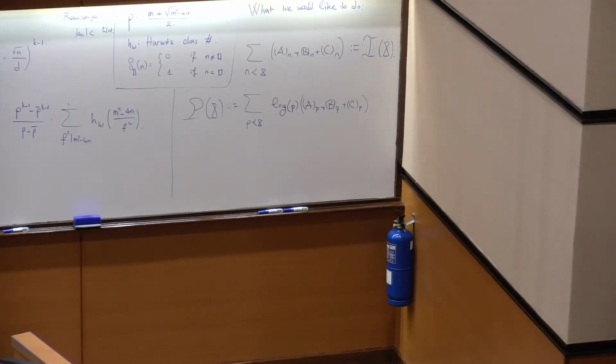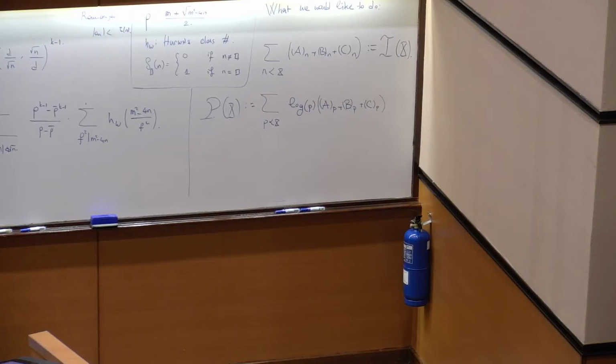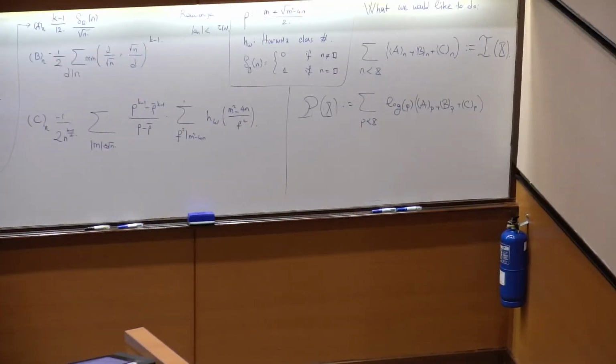Which one was that? Oh, this is holomorphic weight k modular forms of full level. Just holomorphic, yes. S is for the cusp.